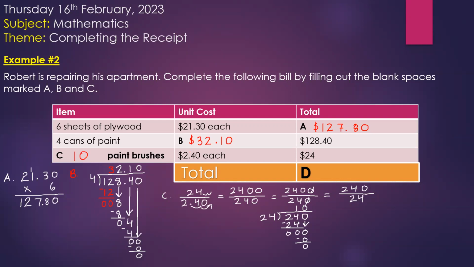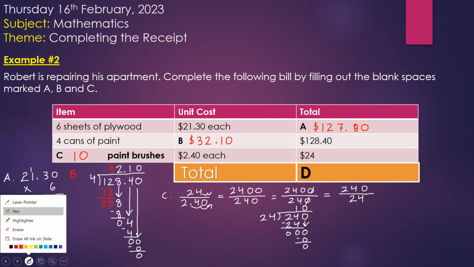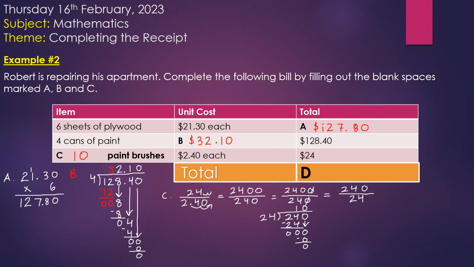And when we add everything together, we're going to add 127.80, 128.40, and 24. Adding all of them together, we get the following.